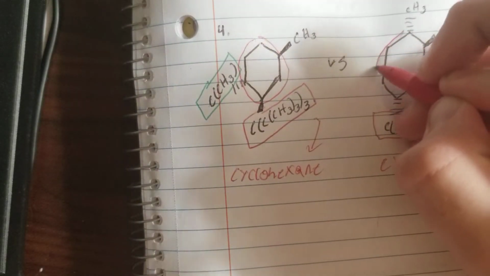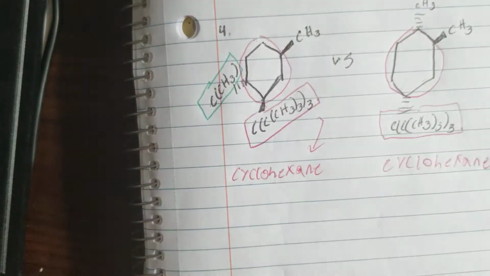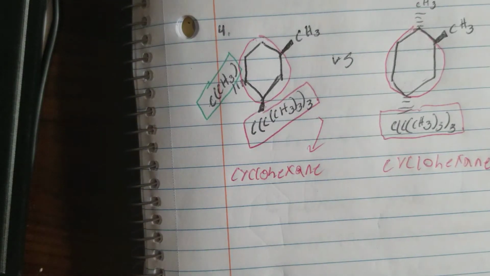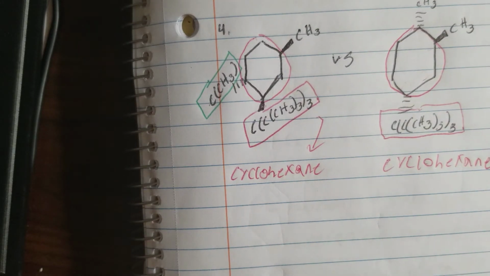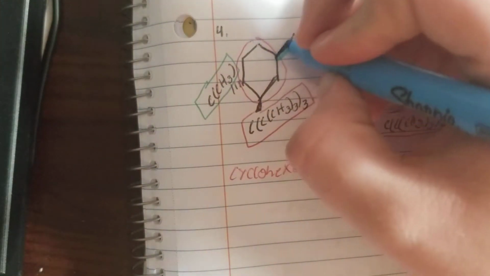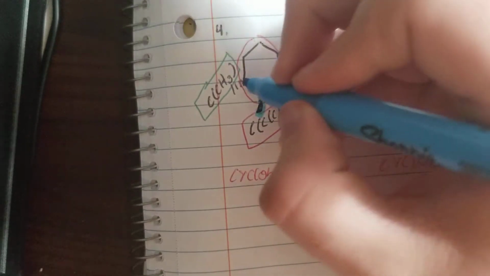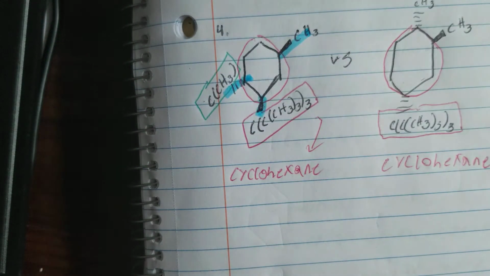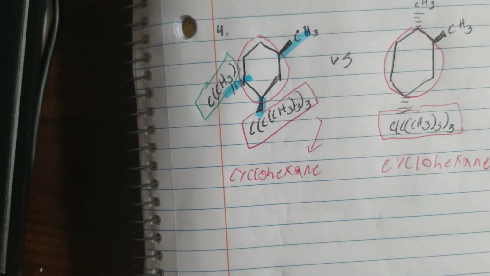Now in terms of naming the substituents, let's go ahead and identify them first, as in where they are. And then we have to determine a numbering system. Now you want the lowest number at the first point of difference.